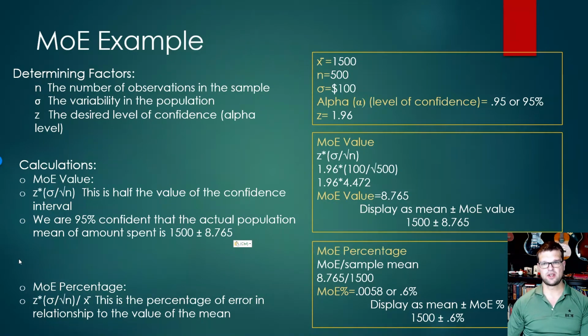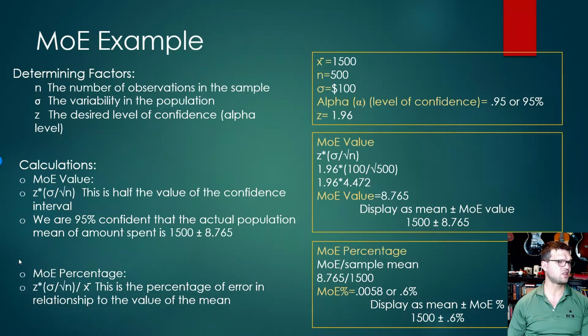Moving on to percentage. This is a beneficial thing that can't always be done depending on the metric that you're using. Specifically, it's very difficult to use with interval data. You really need to be working with ratio data for it to work well. With this margin of error percent, we're saying, okay, what percent of the actual mean does this margin of error value make up?